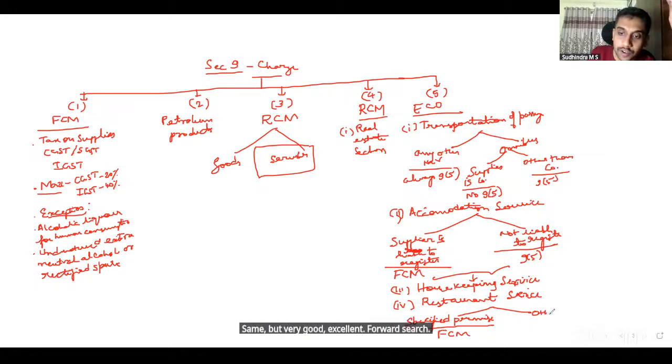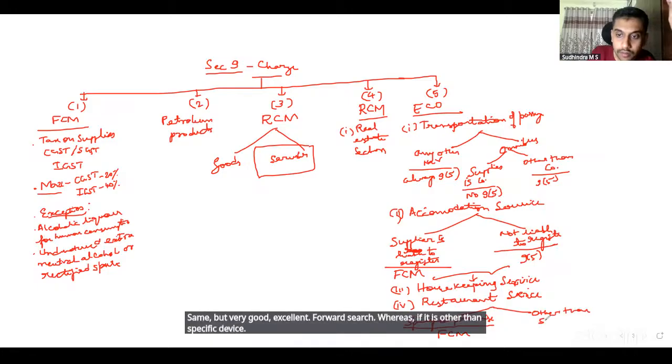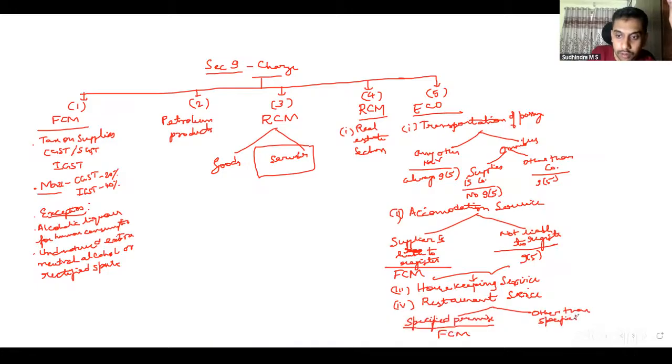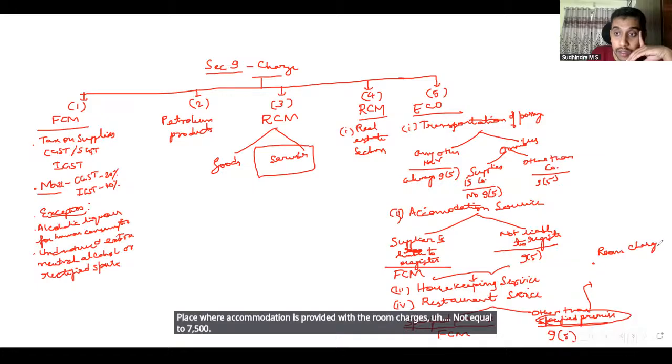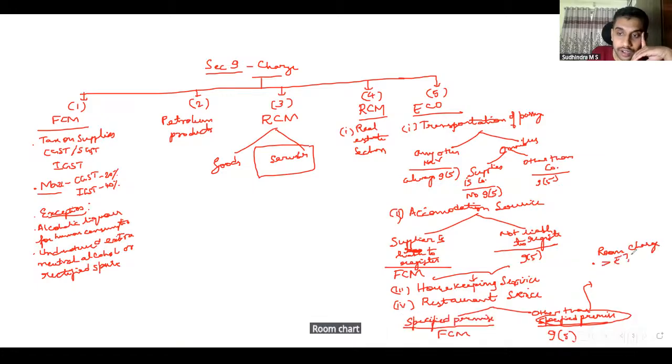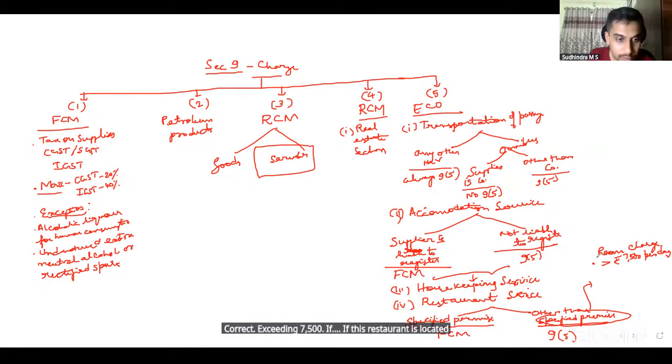Whereas if it is other than specified premise, 9.5. Now, what do we consider as specified premise? Definition: place where accommodation is provided with room charges exceeding 7,500 per day. If this restaurant is located in that place, then it is specified premise.